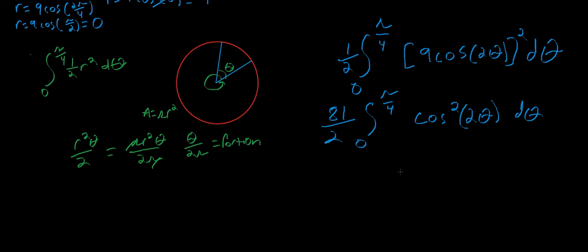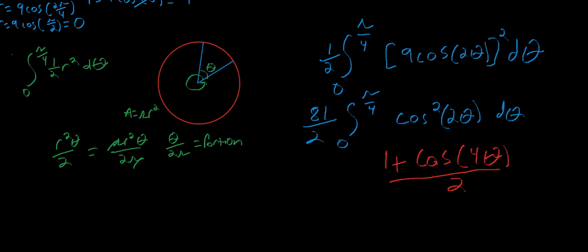Our cosine squared 2 theta turns into 1 plus cosine 2 times 2 theta, which is 4 theta, over 2.